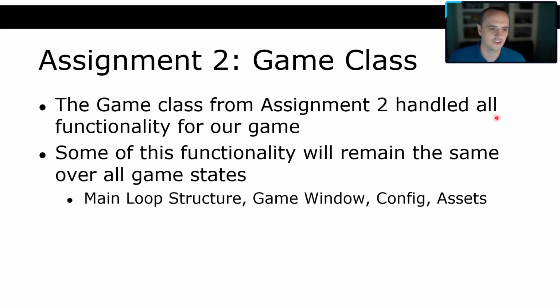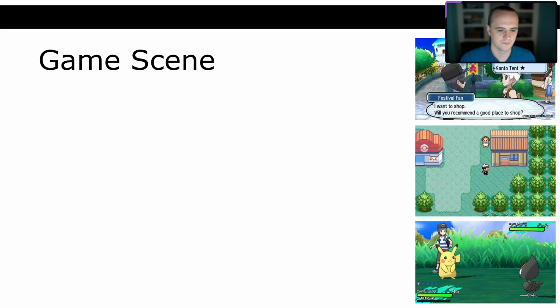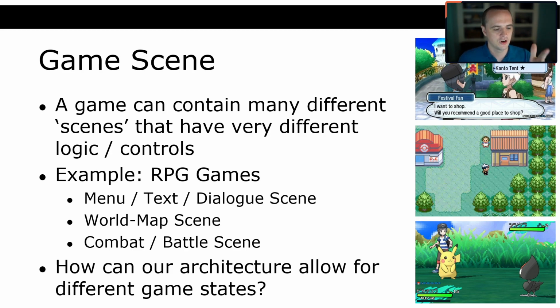Actually, I'm not going to go into this yet. I think I had this slide here by accident, so I'm just going to remove it. Just realize that in the future, we'll have different game scenes, starting in assignment 3, but not for assignment 2.